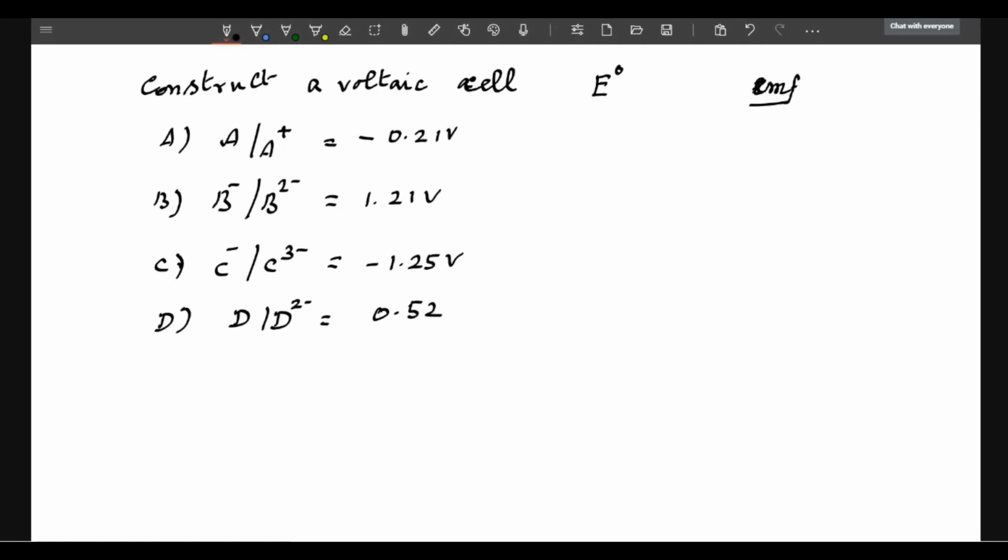First question, how many cells can be constructed using these 4 electrodes? Second question, which combination of electrodes will give a cell with the highest EMF?